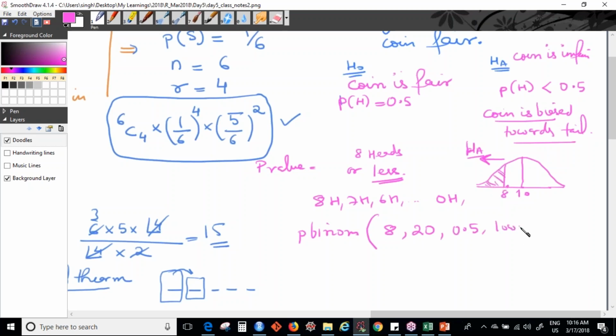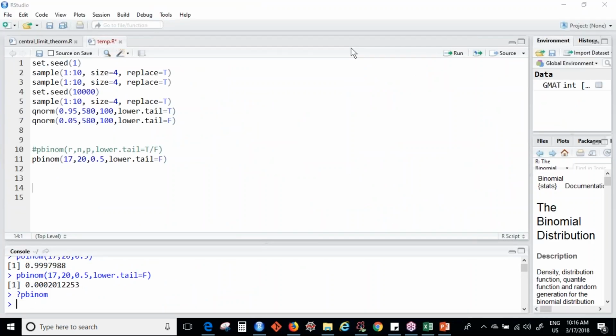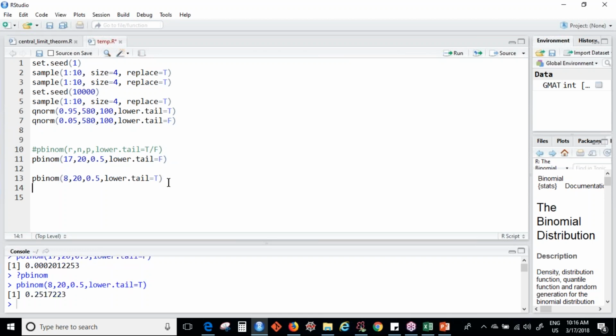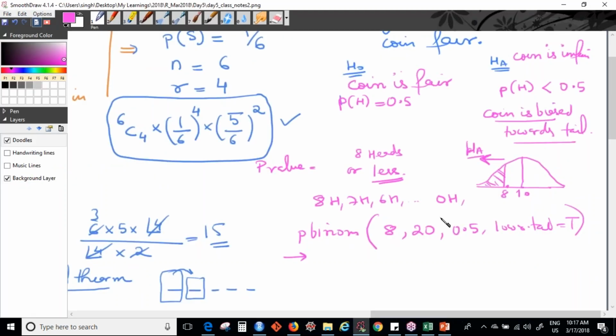So we will give lower.tail is TRUE. And how much do you get when you do this? 25%, right guys? This is what you get when you run this. Let me run it. So I'll just copy paste the same. pbinom, this time it will be 8, 20, 0.5, lower.tail is TRUE. Okay, so 25.2% approximately.